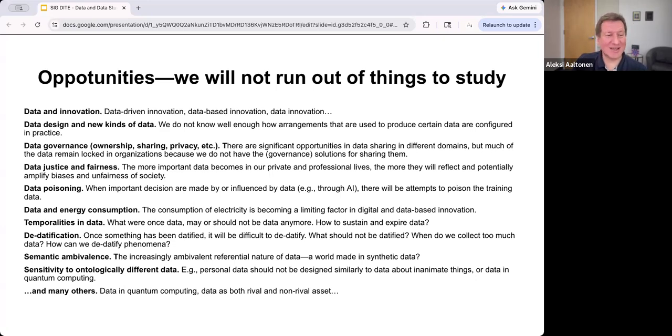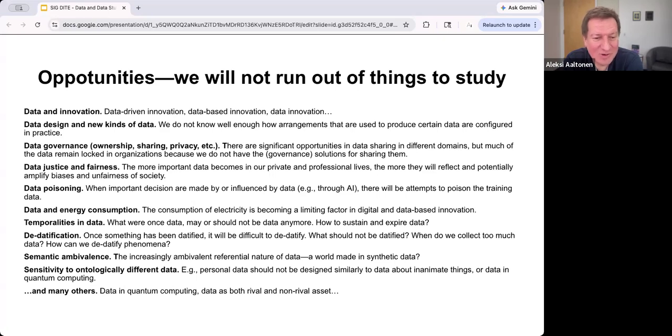Another one, and I haven't seen a single study of this. I would like to do it myself, but I just put it out there in case somebody can do it. We typically talk about everything being datafied. We talk about datafication as a one-way movement, but I would like to read a study on de-datafication: how we can decide that something that has been datafied will not be datafied anymore.